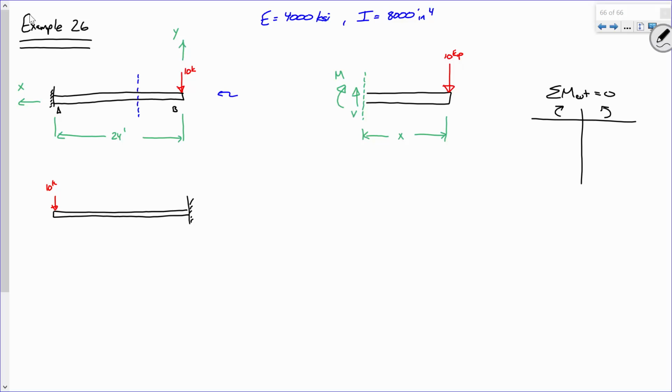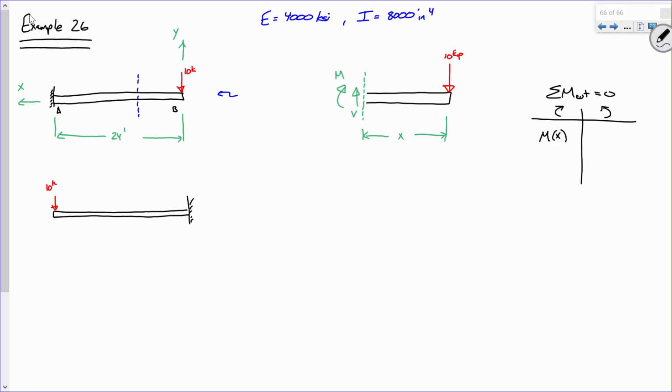All right, we've got moment going like this, so that M, or if you want to say M of x, that's fine. And we've also got the 10 kips acting at a moment arm of x. And which side, left or the right? Because if I'm at the cut, it's spinning it like that.